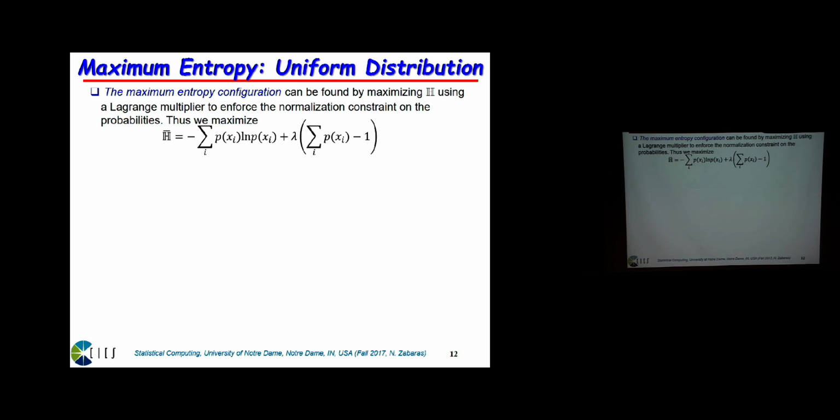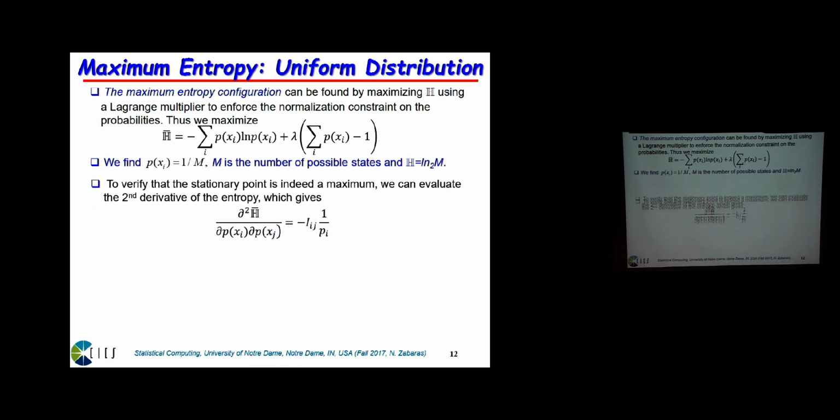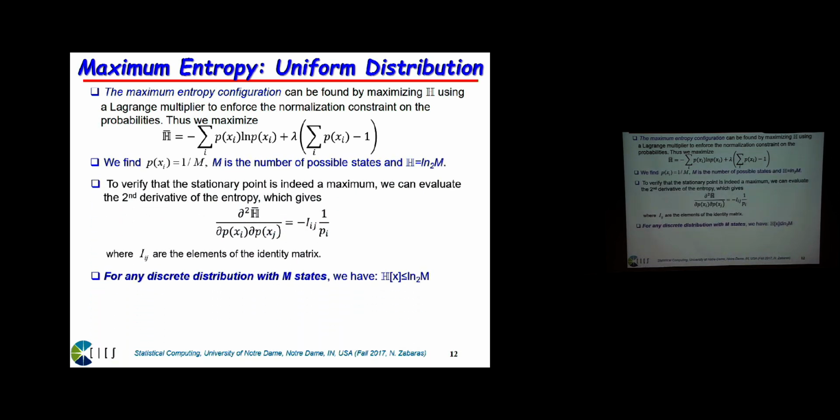But right now, the way that I solved it on this slide is by maximizing the entropy with the constraint that the sum of all the p of x_i's is equal to 1. So I use a Lagrange multiplier. We will do this often in this type of calculation. So if you do the algebra, it comes out that for a discrete variable with m states, the entropy is log of m. So every discrete distribution has entropy less than or equal to log of m.